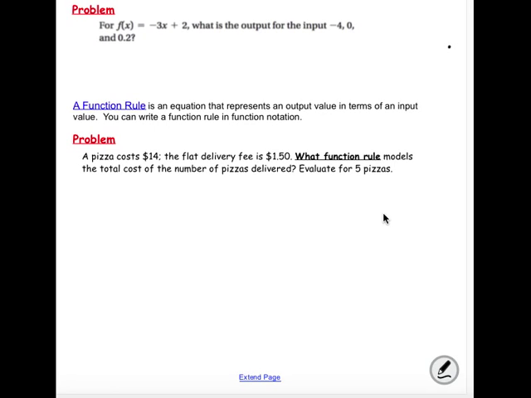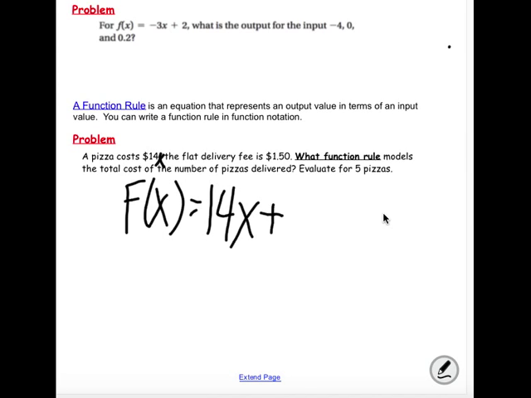So we need to make a function rule. So we're going to have our f of x, our equation. We don't know the number of pizzas. That's going to be multiplied by our cost of each pizza, so that's going to be attached to our x. We're going to have 14x. Plus, flat implies it just gets tacked on no matter how much you order. So our 1.50 gets thrown on at the end. Evaluate means plug in 5 for x.